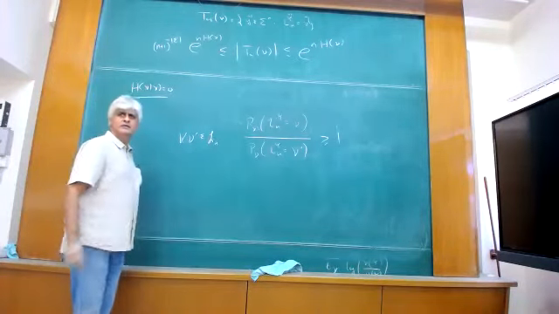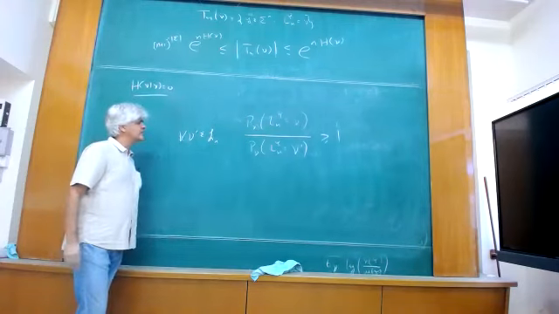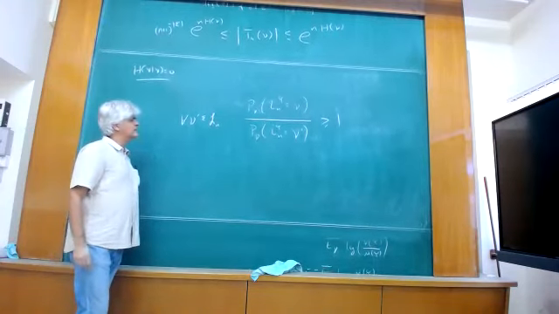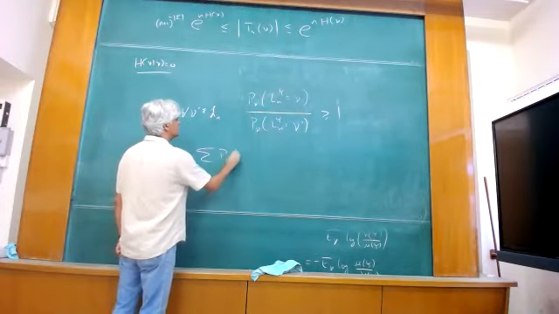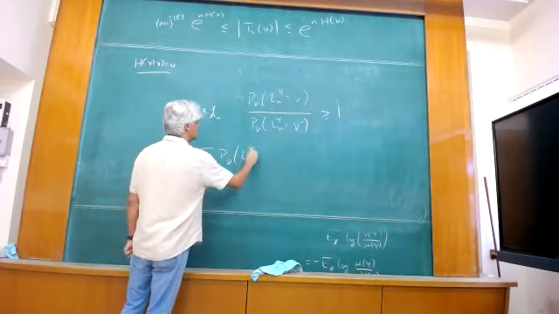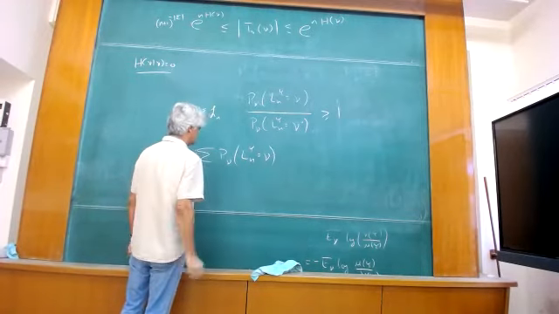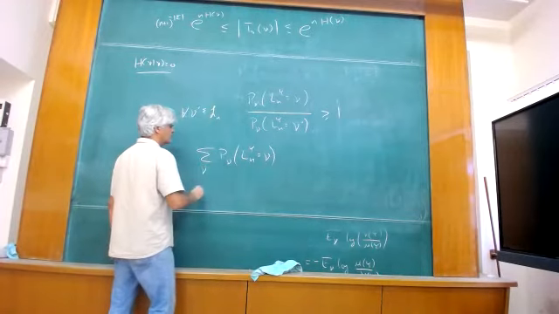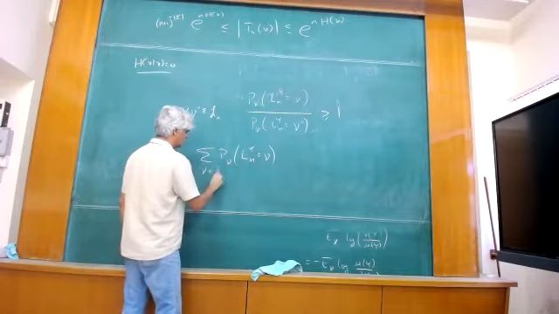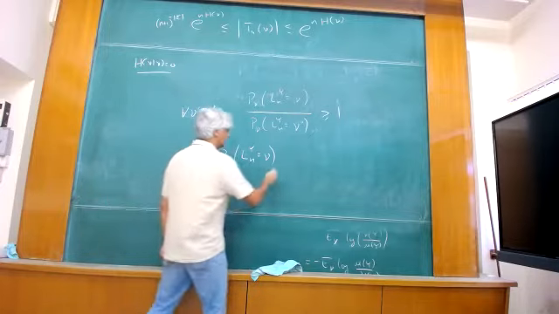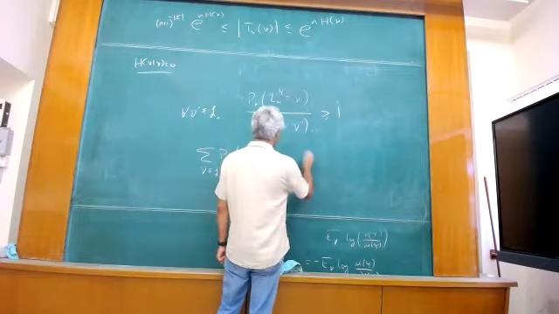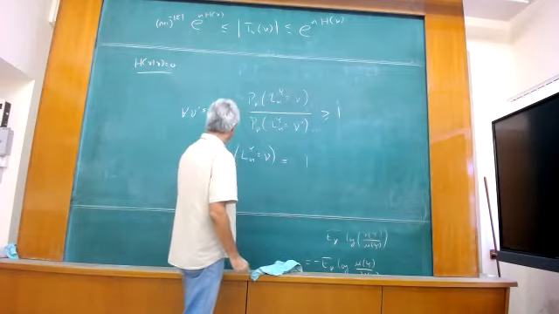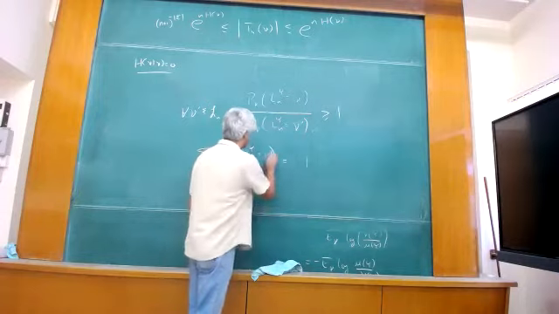Right. So once you show this, then you have the summation of P_nu(L_n = nu) over all nu in the set, so it's collecting the number of possible empirical distributions. This should be equal to 1, right?